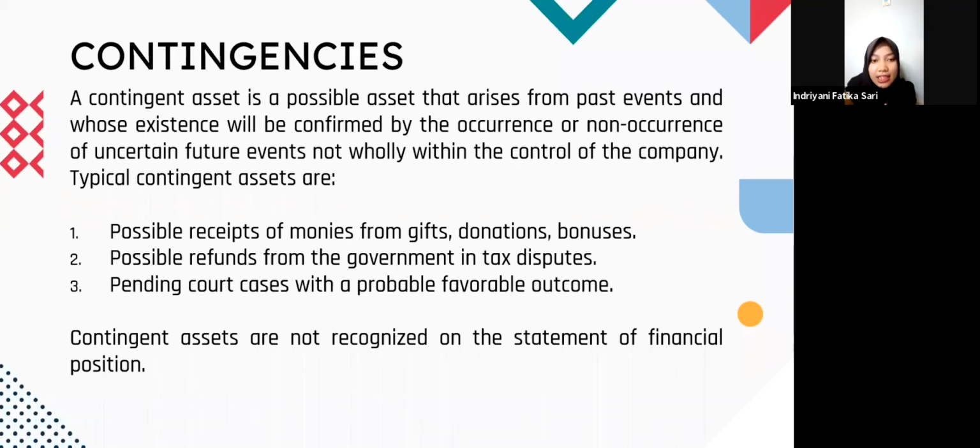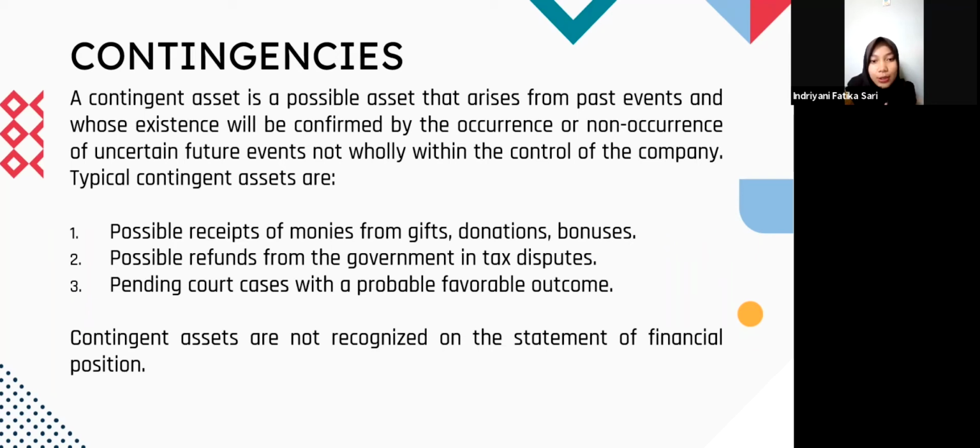Typically, contingent assets are, first, possible receipt of monies from a gift, donation, or bonus; second, possible refunds from the government in tax disputes; third, pending court cases with a probable favorable outcome.